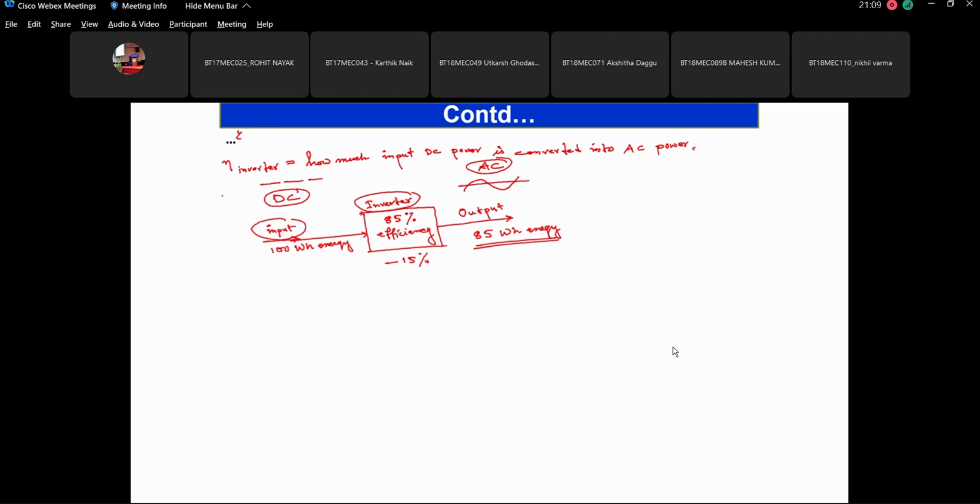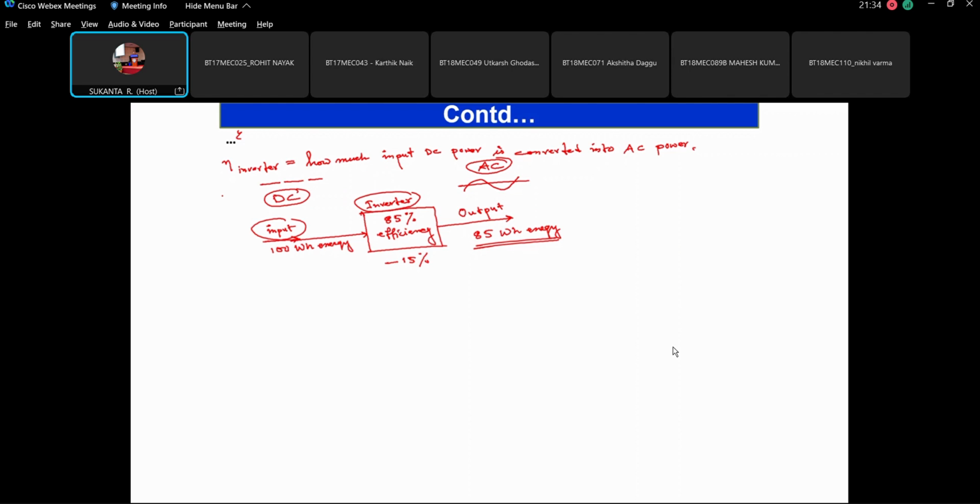Then for our home appliances, how do we find out the total power rating? Accordingly we have to choose the capacity of the inverter we are going to procure.